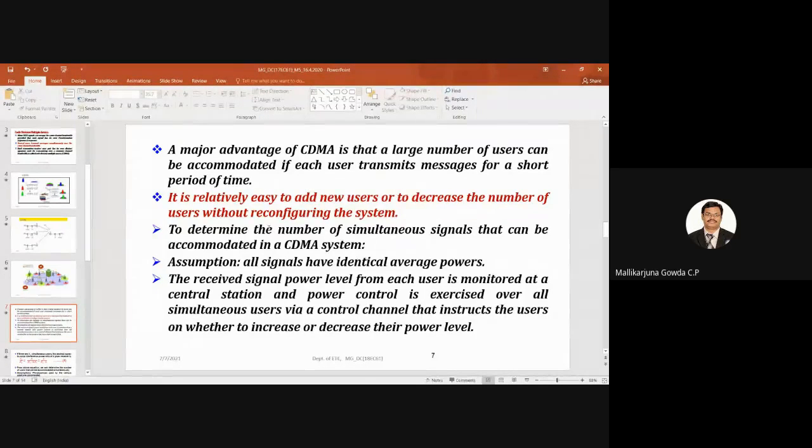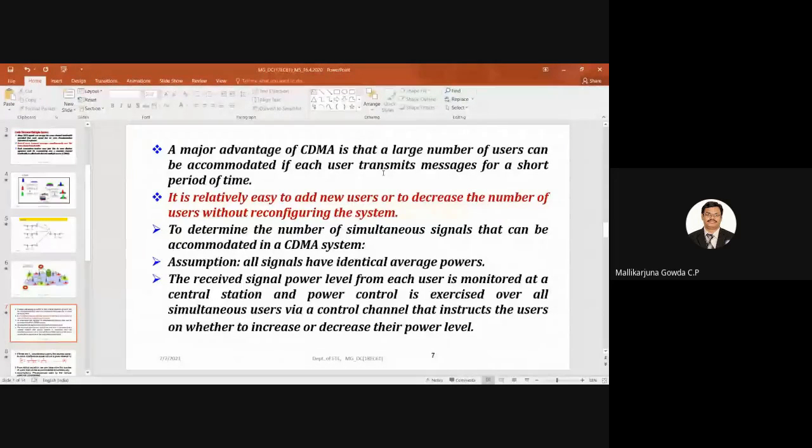That is the beauty of CDMA, because there is a limitation on the number of users that can be accommodated in case of FDMA and TDMA systems. But in case of CDMA, we are able to accommodate a large number of users.